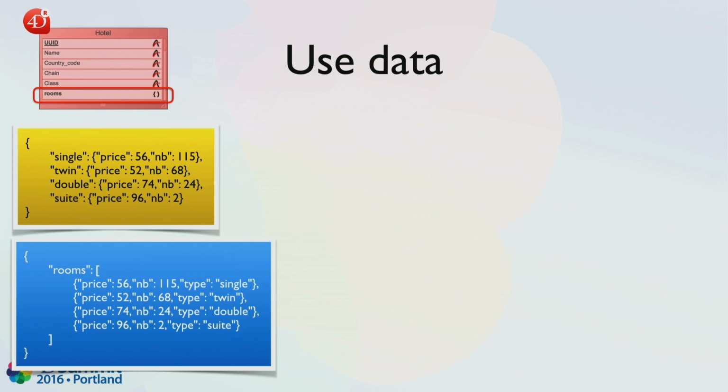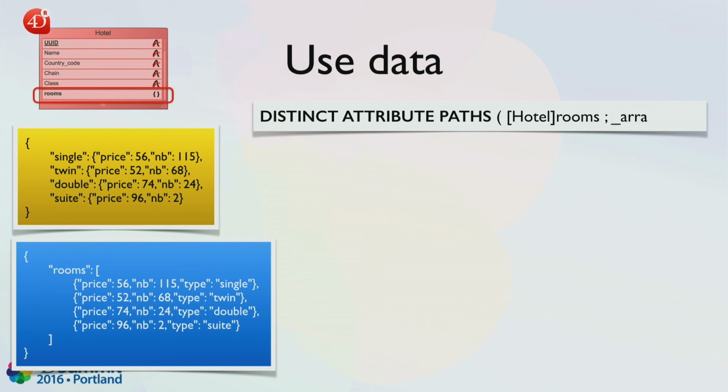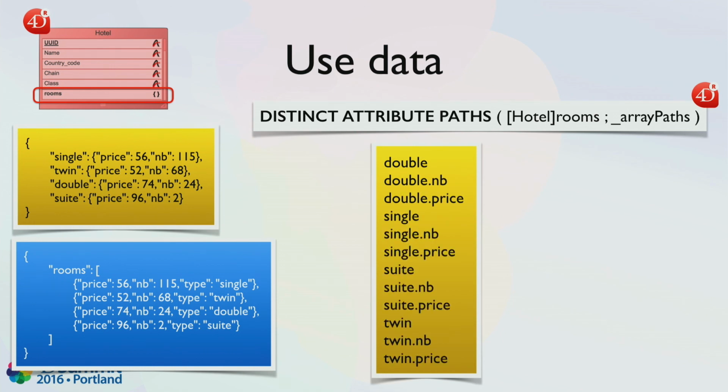To have an idea of the data, we have a new command in v15, Distinct attribute paths, on hotel rooms, into an array of paths. It's a text array. So I launch the command, and the result is like this.